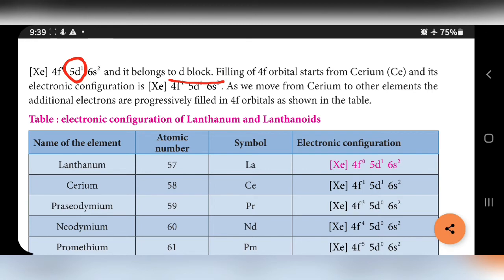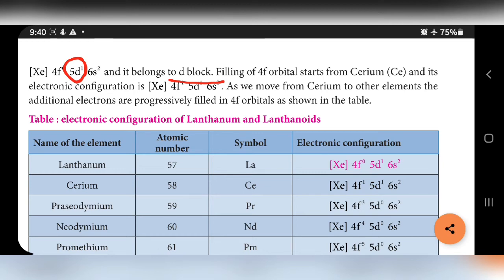Already I told you, if the last electron is placed in a d orbital, that element should be placed in the d block.